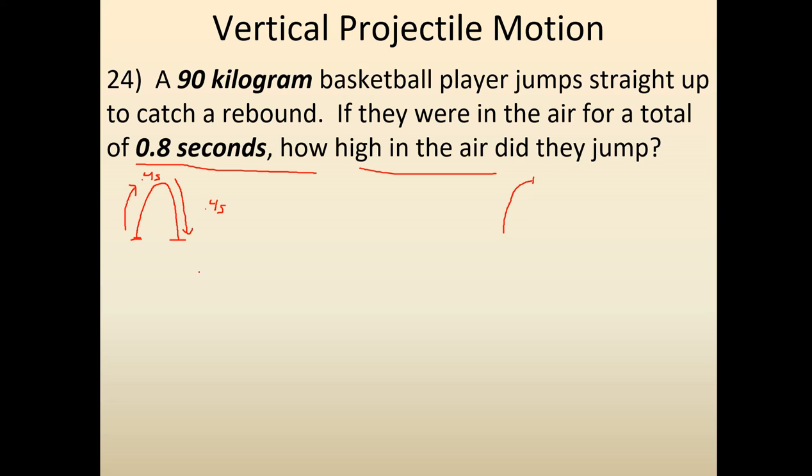Now, again, there's a bunch of different ways that we can solve it. Some ways are quicker and easier than others. I'm going to do this slightly longer way, and I'm going to treat it like this. So the object is going up to its maximum height.